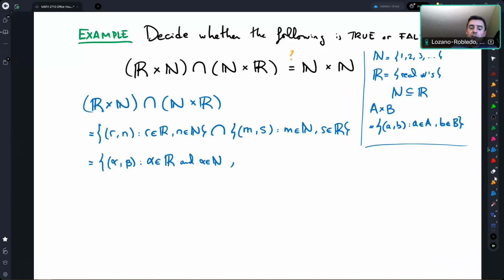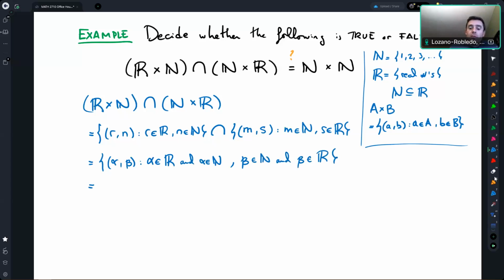And for beta, the first condition tells me if it's in the first set, beta has to be a natural number. And if it is in the second set, that second coordinate has to be a real number, and beta is a real number. But now you see, because the natural numbers are contained in the real numbers, but not equal, if you have a number alpha that is a real number and a natural number, then it just has to be a natural number.